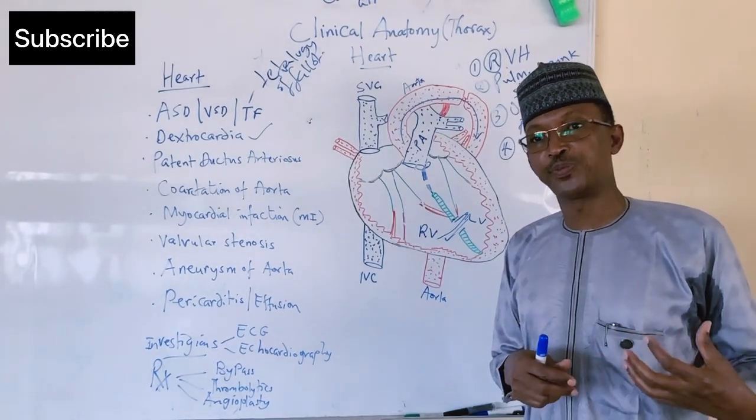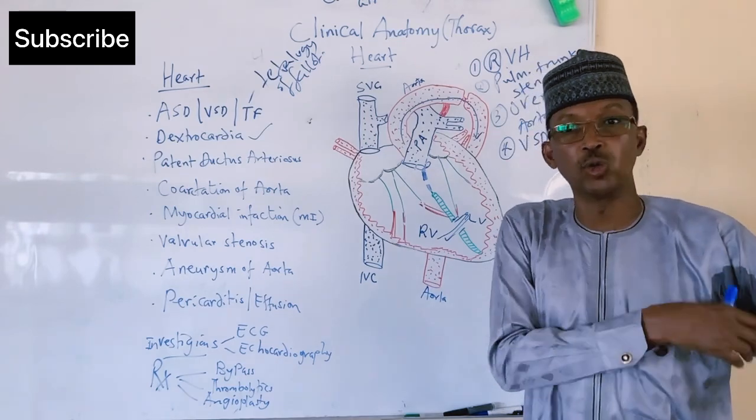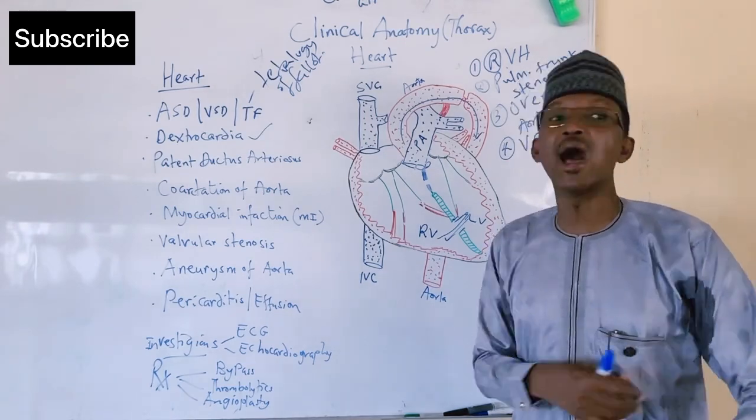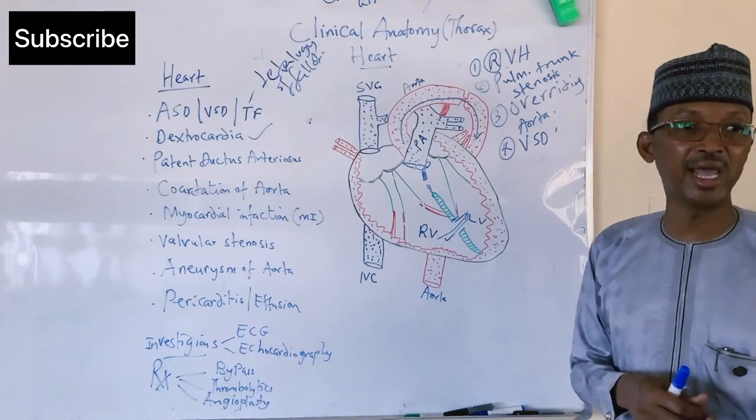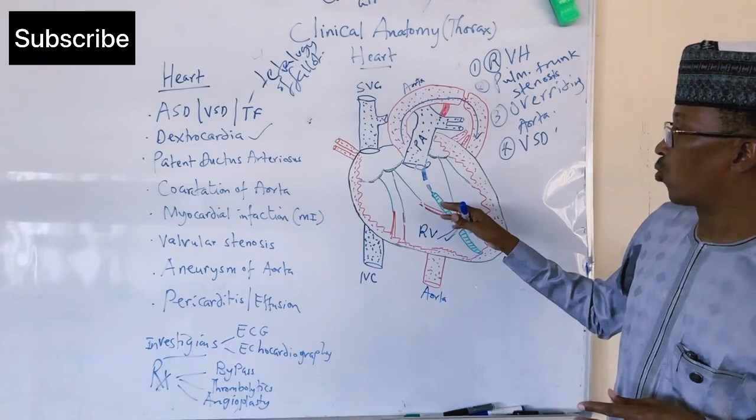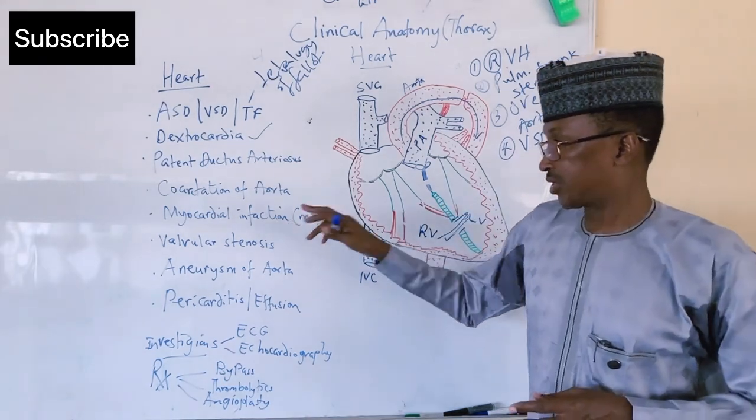The pain can also be referred to the medial side of the arm because of the shared nerve supply around that side. So now we know what myocardial infarction is.